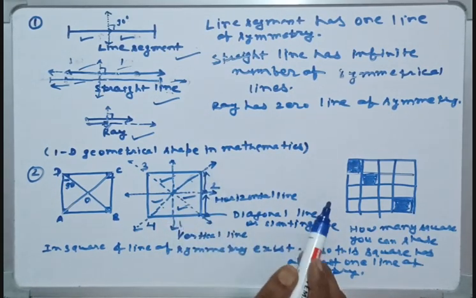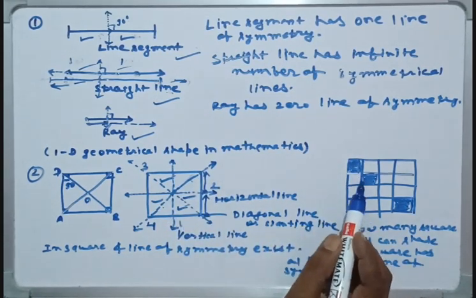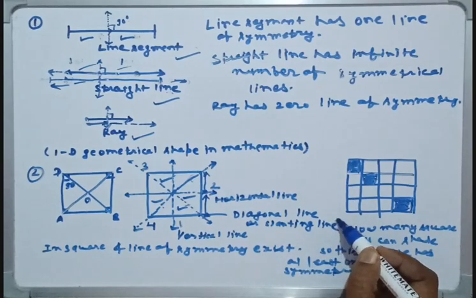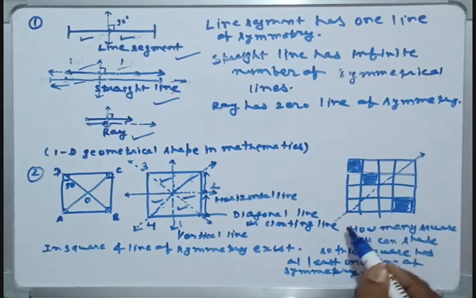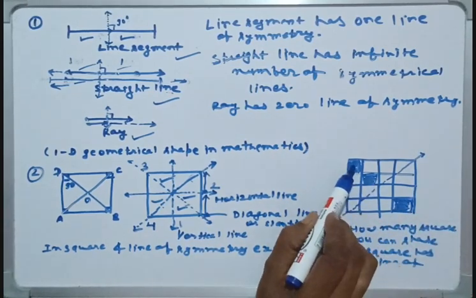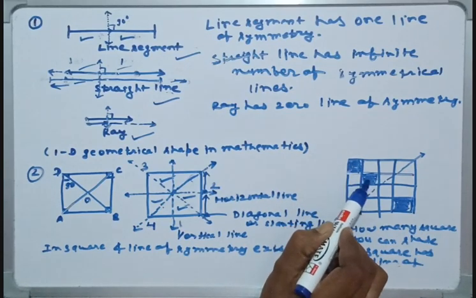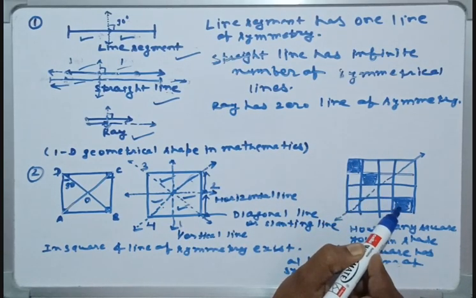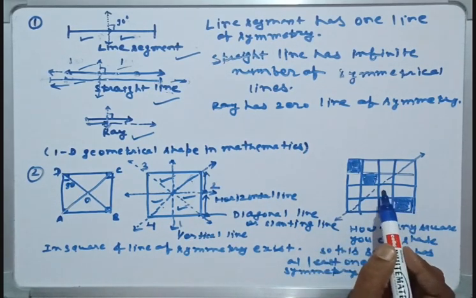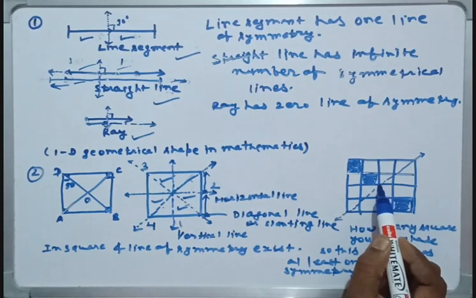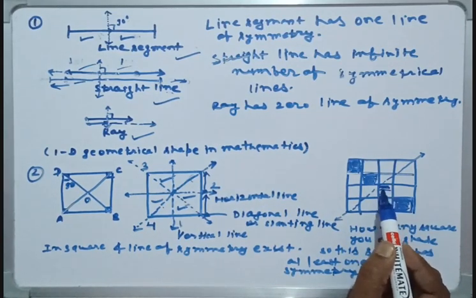So if we see here like this one, see here are two shaded parts. Here is only one shaded part. So if you shade this part only, then what happens?